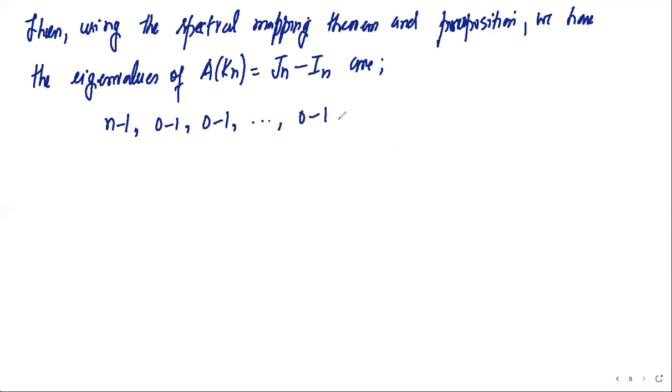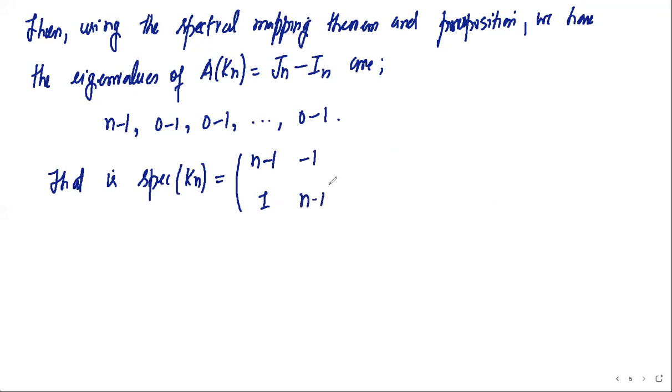So the spectrum of Kn is equal to n minus 1, which is once an eigenvalue, and then minus 1, n minus 1 times. So with this, we have completely determined the eigenvalues of the complete graph Kn.